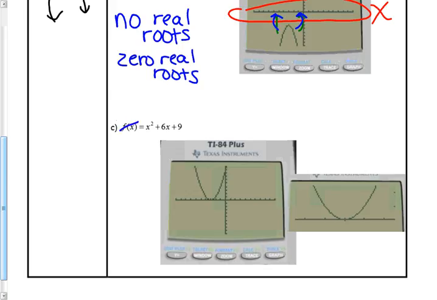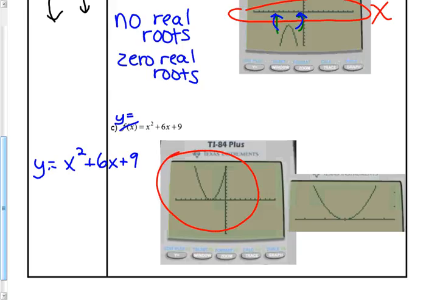And this is just, again, a fancy way of writing y equals. So we're going to put y equals x squared plus 6x plus 9. So when you do that, your graph is going to look like this.